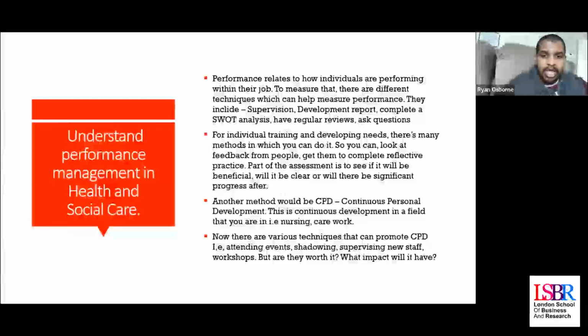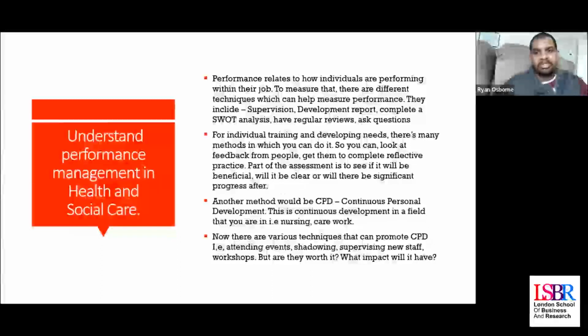And also, will there be clear progress afterwards? We spotted places where people need to work on, but is it going to work? Will it be beneficial for them?